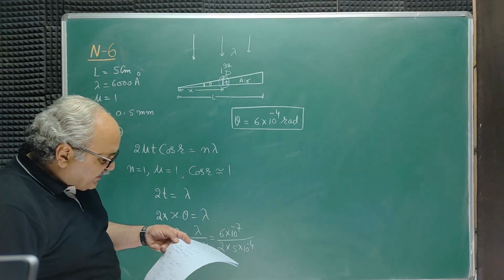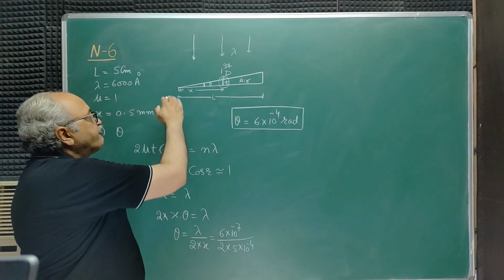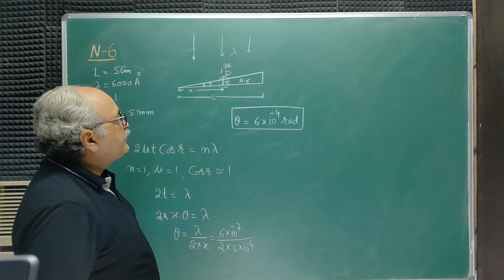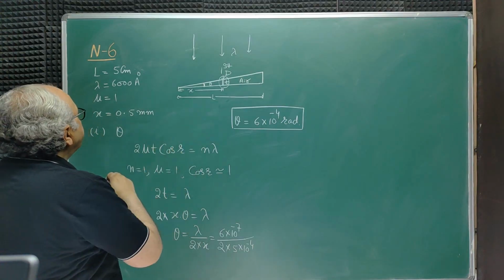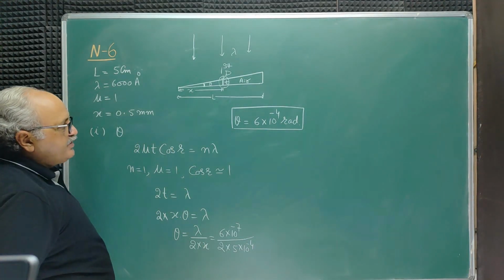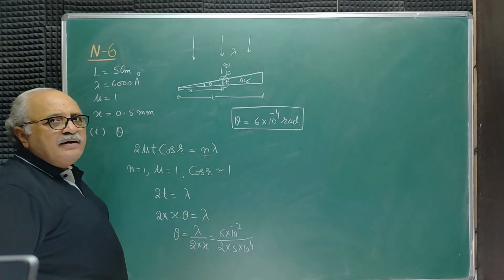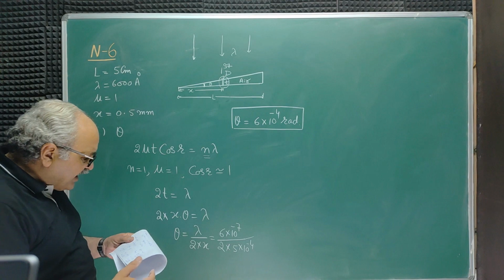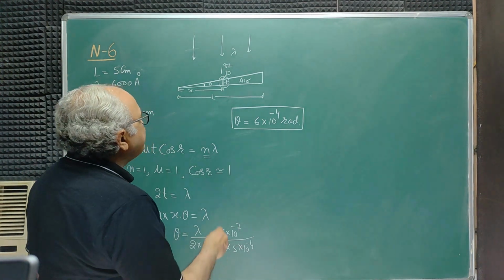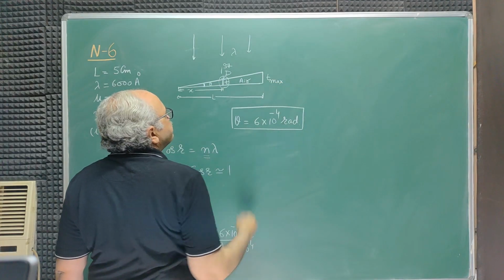The second part requires how many such fringes we are getting in the entire region of this film, that is L equals 5 centimeter. So we have to find out the maximum possible value of N. We can calculate this by taking T maximum.